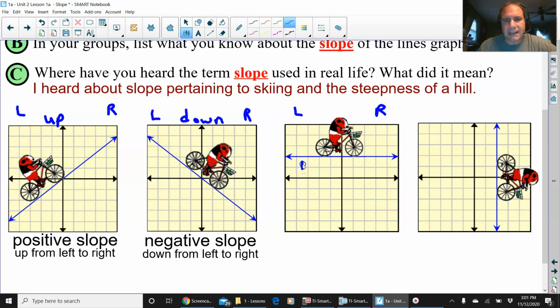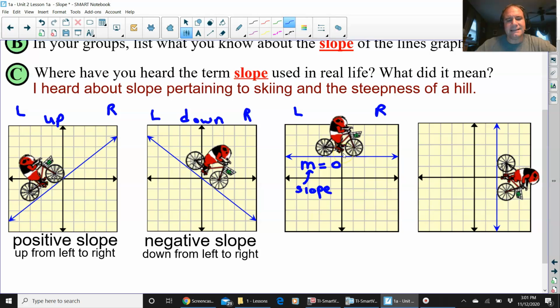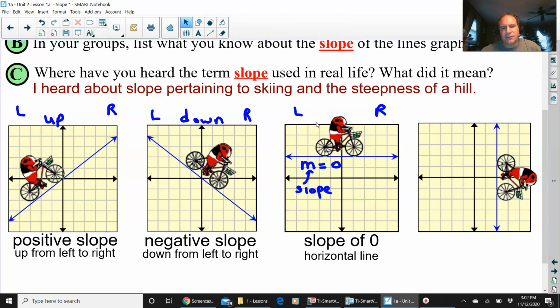And by the way, M stands for slope. So I'm going to put down that that M is slope. And that M for horizontal line is 0. So there you have it, slope of 0, horizontal line, and I'm just going to tell you how I remember it.